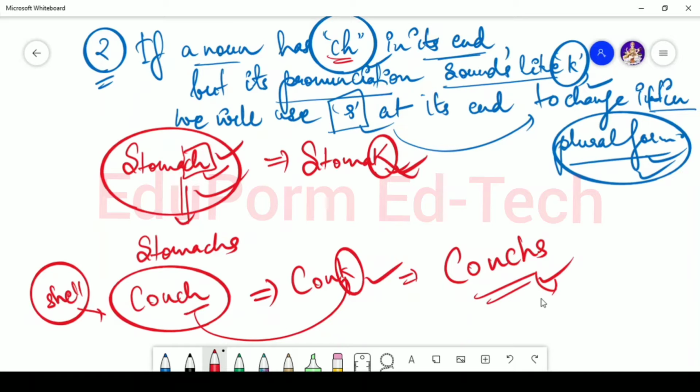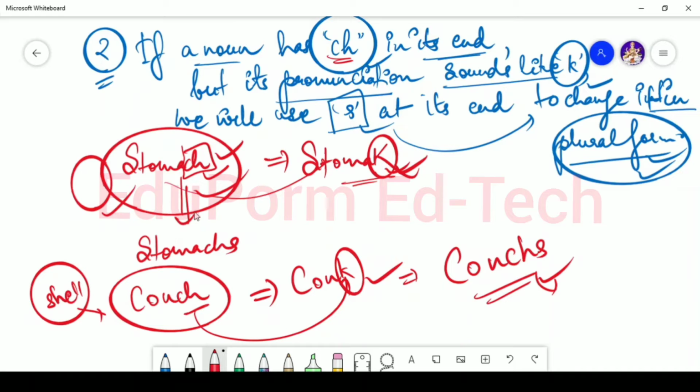I'm going to repeat it again in case you haven't understood it. So the second rule says that if a noun has CH in its end but its pronunciation sounds like K, we will use S at its end to change it into its plural form. Let's say for example, if you are talking about stomach, the stomach sounds like S-T-O-M-A-K.